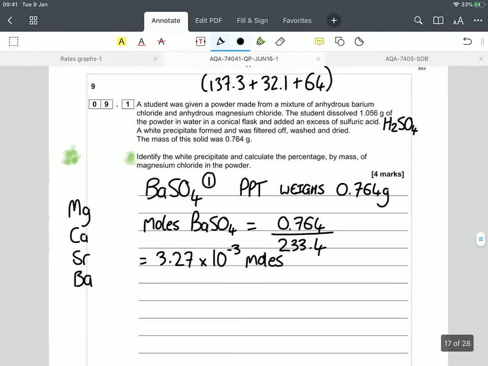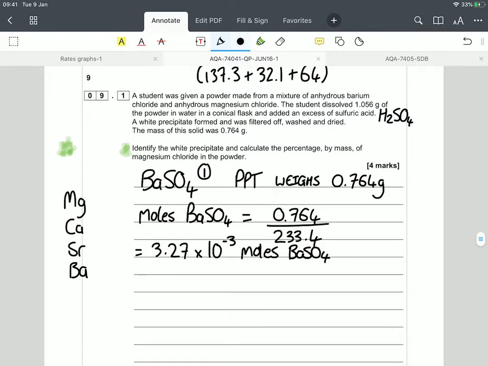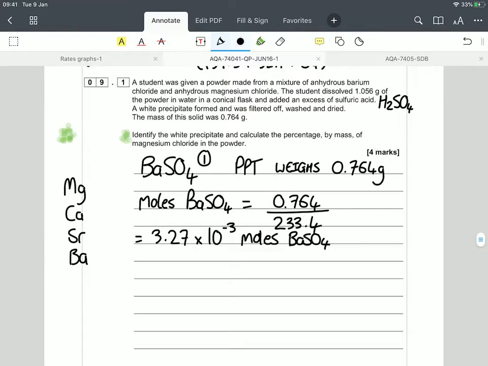However, there's more to do here, and the next part is another tricky bit, okay? Just to clarify, what we've just calculated is the number of moles of barium sulfate. So far, we still haven't even gone back to the original mixture. We're still dealing with the precipitate. The thing you need to understand about the precipitate is its formation will have looked like this.